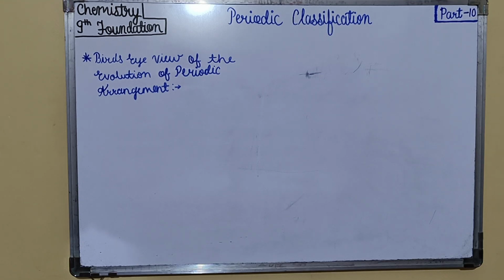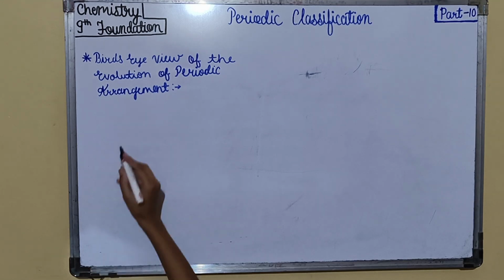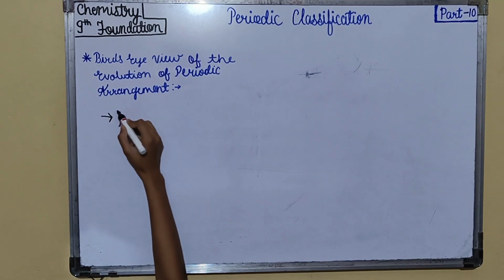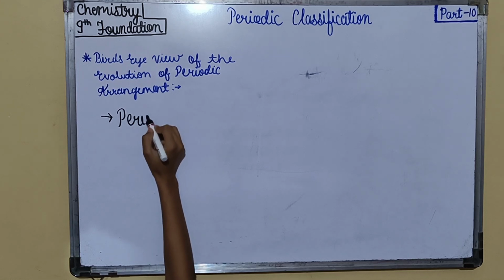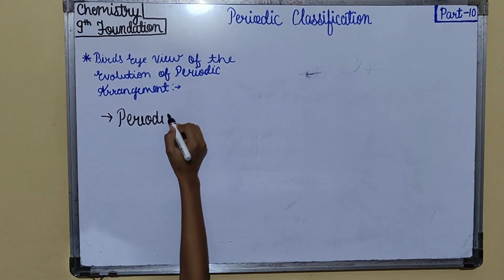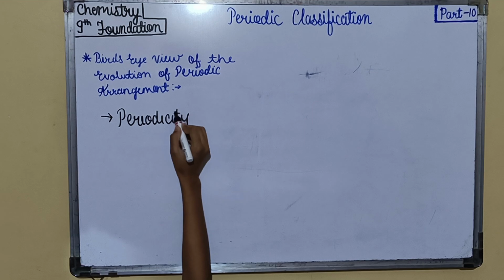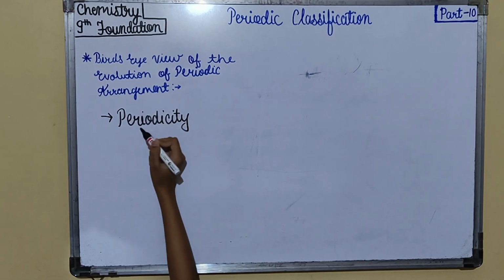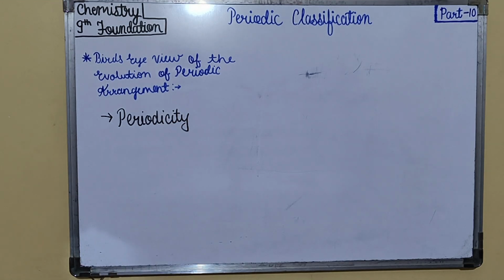Then the main topic is periodicity. Our today's main topic is periodicity. The repetition at regular intervals of properties of elements in a periodic table is called periodicity.